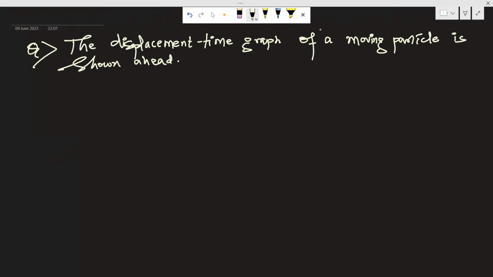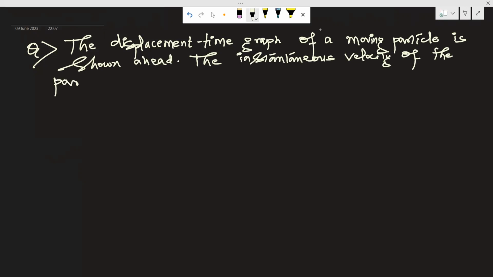The question is: the instantaneous velocity of the particle will be negative at the point. So here the graph is given and some points are shown in the graph. We have to check at which point the instantaneous velocity will be negative, and what the graph is like.